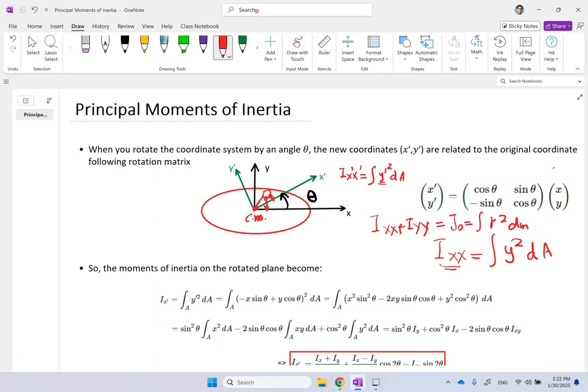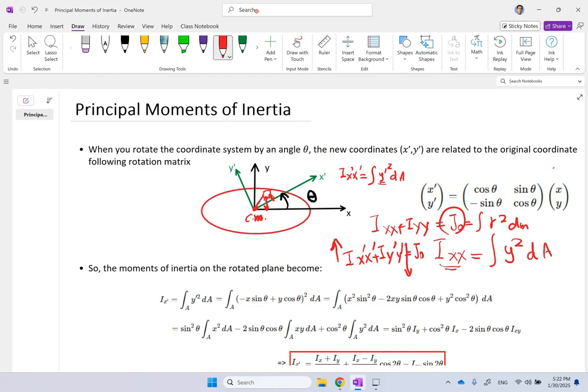So I expect that Ixx plus Iyy stays the same as Ix'x' plus Iy'y', and both of them should be equal to Jo, because Jo is not a function of x and y, it's a function of r, and r is not changing. So if one of them goes up because of this rotation, since the total sum is constant, the other one should go down.